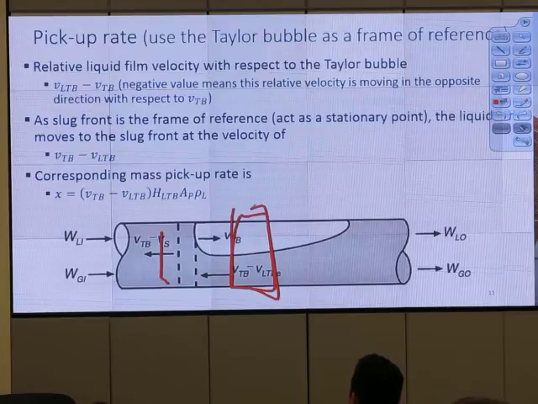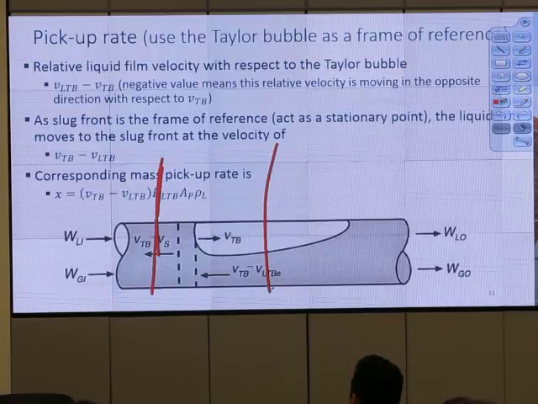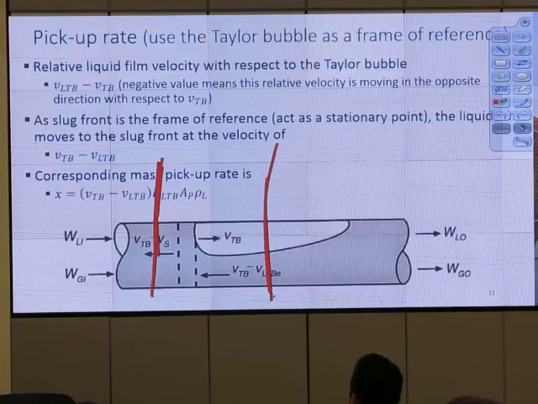I didn't say that it's not conserved, but I said the mass flow rate is not the same. So this part and that part, W total is not the same. It's somewhat counterintuitive, but if you look at the picture, this is because it is a two-phase flow. If it is single-phase flow and you have liquid over here, we also have liquid over there, and we calculate mass flow rate.